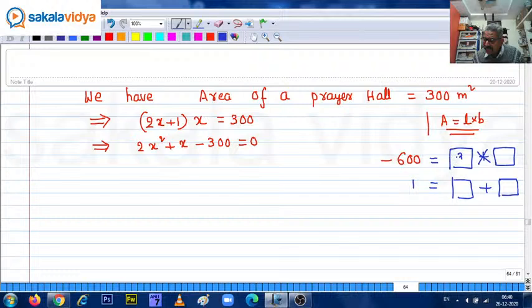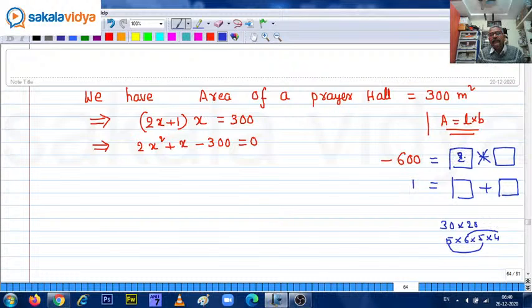30 into 20 is 600, but 30 plus 20 is 50, so that does not work. Let us try 5 into 5 is 25, and 5 into 4 is 24.